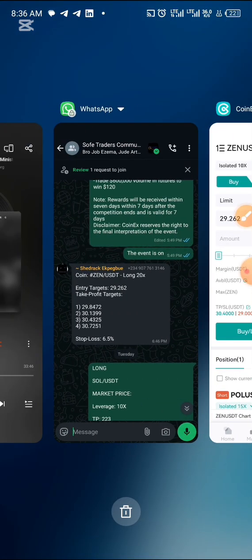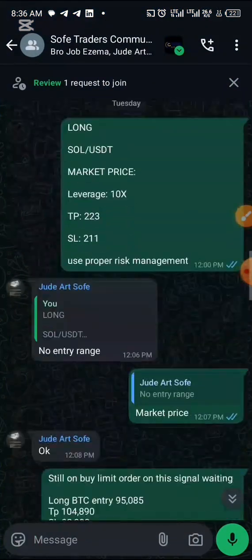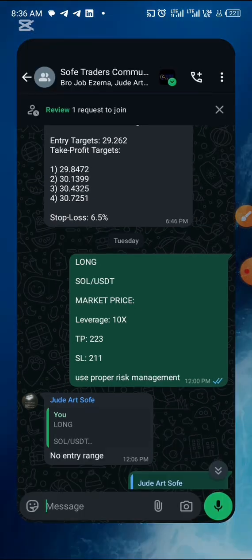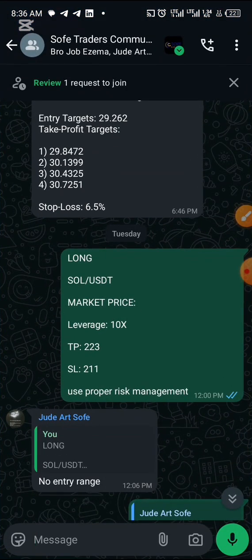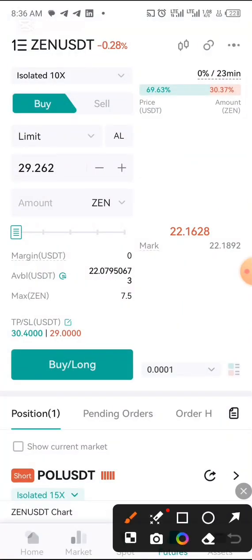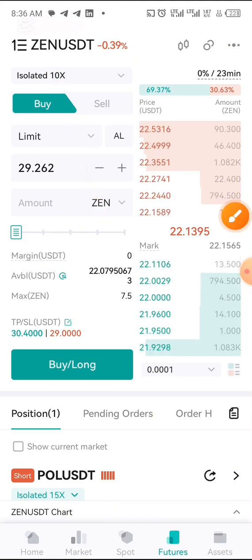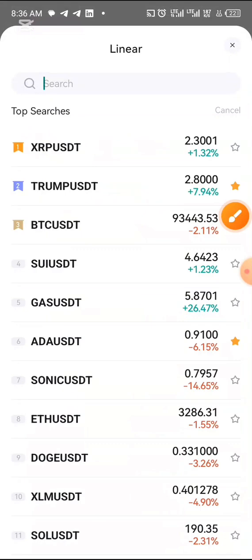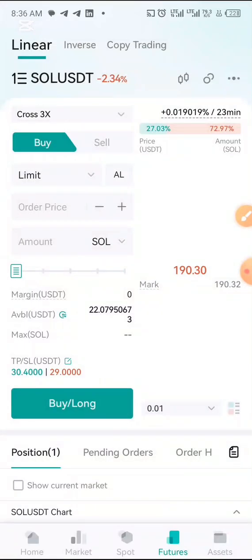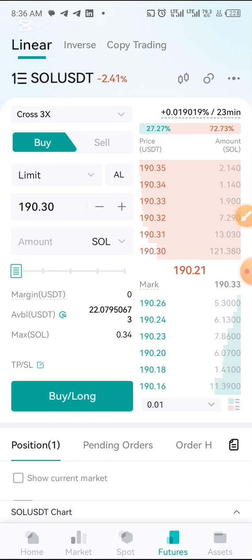I'm going to also include the other types of signal. This is actually market price, so it's telling you to long at the current market price. So you're going to use market order. This is actually 10x. Okay, let's go to Solana USDT. Remember, you still come back here to look for Solana. Even though that signal is already old, we will just show how to go about it. It's telling you to long at market price.